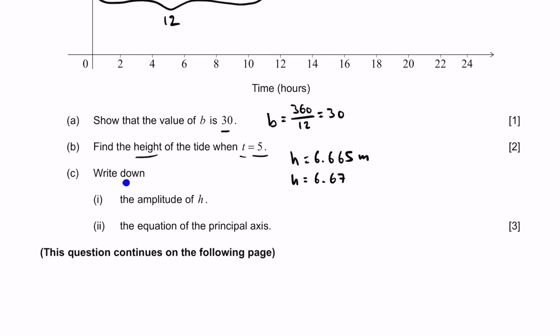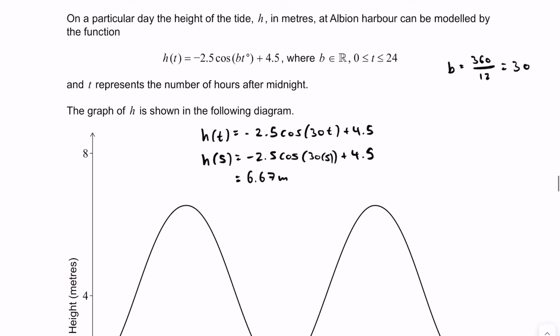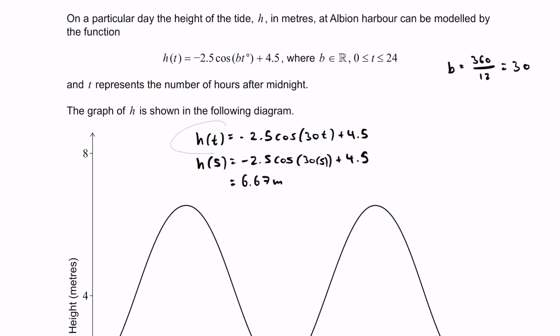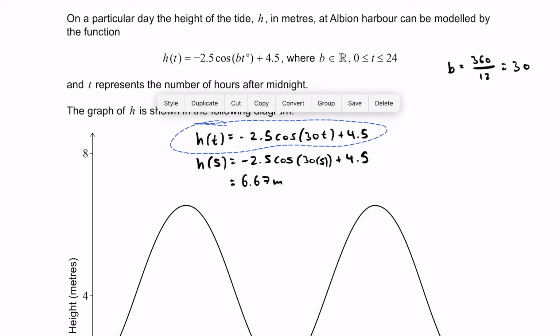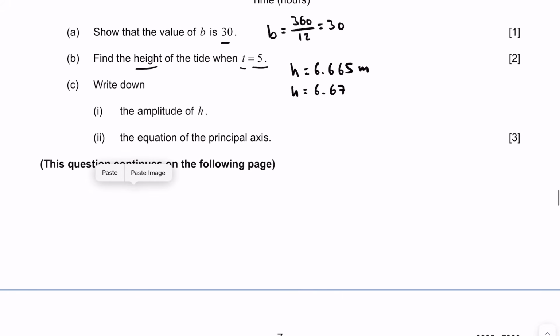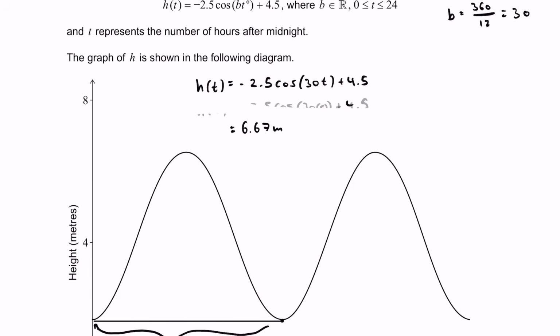Part C asks us to write down the amplitude of h and the equation of the principal axis. So maybe I shouldn't actually have erased what we had here, this general form, but I'll bring it back. I'm going to take our completed function and compare it to this general form.